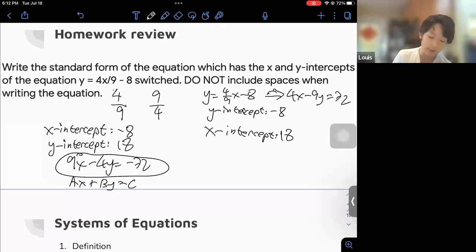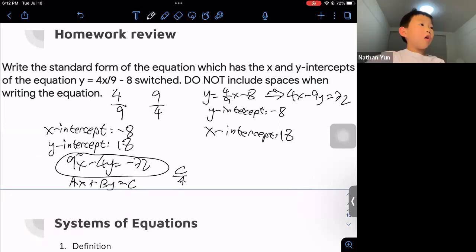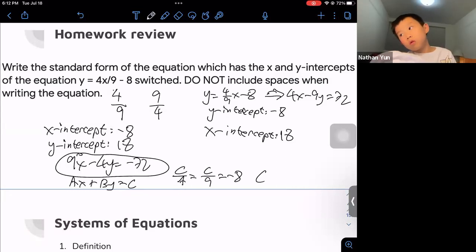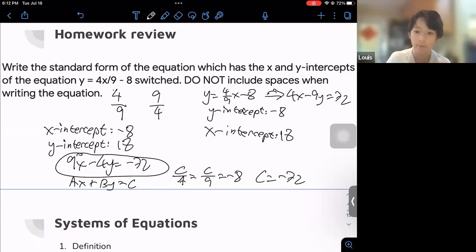And since the x-intercept is just c over a, and since a is 9, this would be c over 9, which is -8. So c would equal negative 72. Mason, you get it? Okay. Any other questions? If no one has any other questions, then I'll move on.